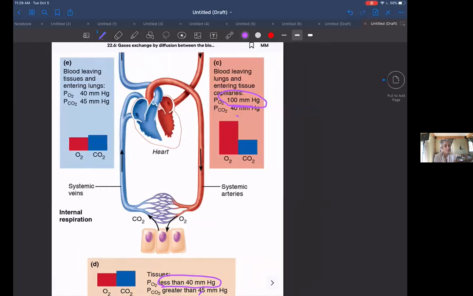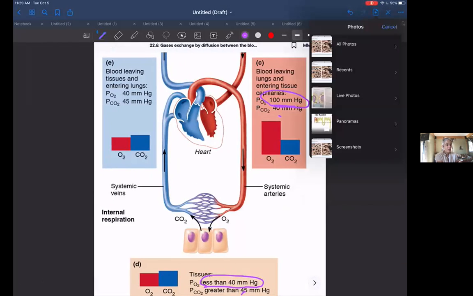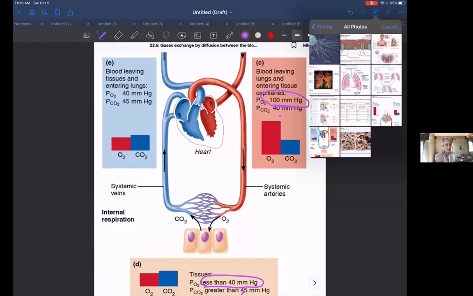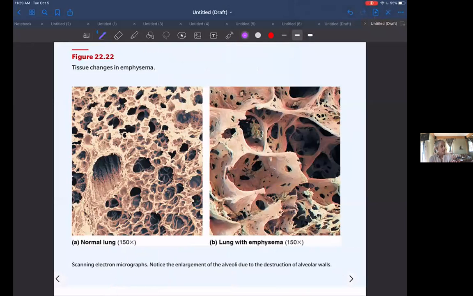So what happens when your lungs become diseased, like with emphysema? We can look at an image of this. This is normal lung tissue under an electron microscope, at a greater magnification than you would see with a light microscope. And this would be the lung with emphysema.